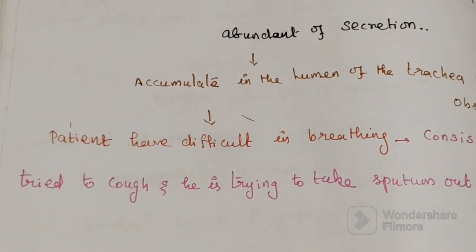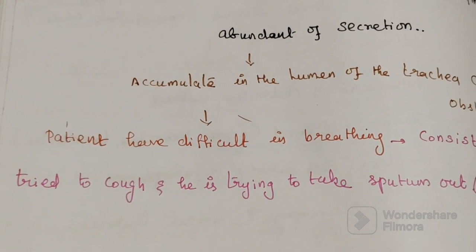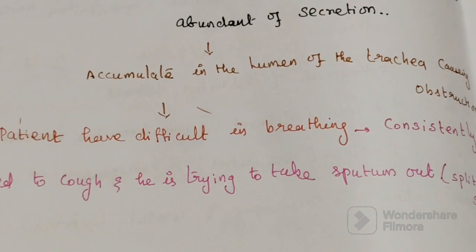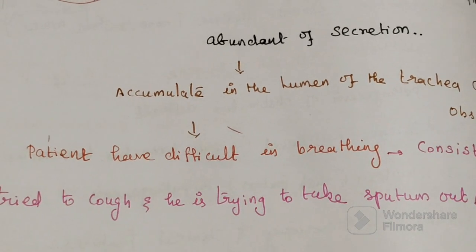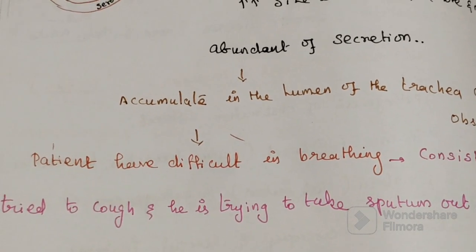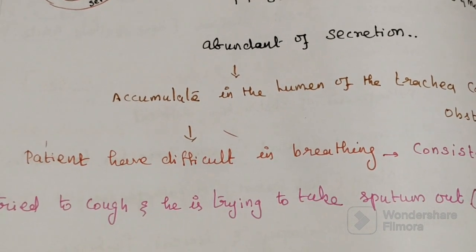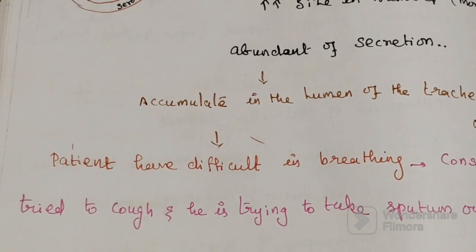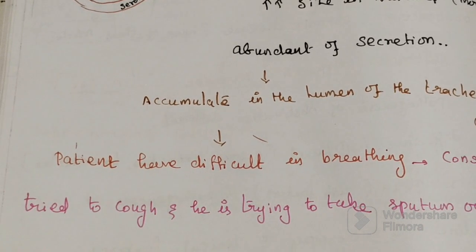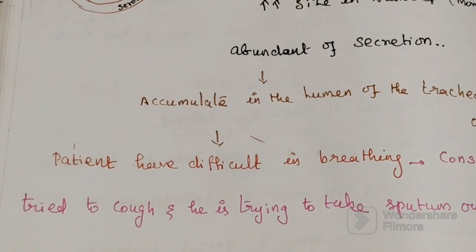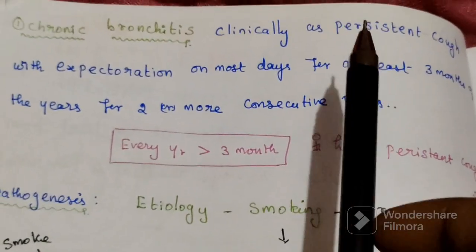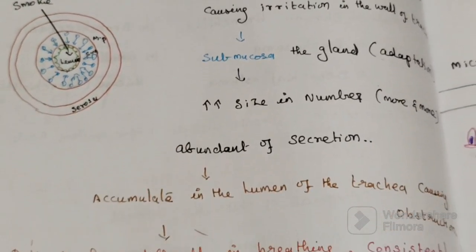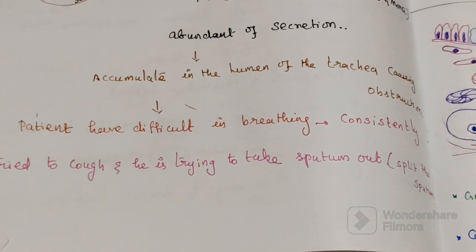The sputum is the secretion of the gland, and he tries to spit that sputum out so that the trachea is cleared and he can breathe. That is the reason the cough with sputum is persistent. So this is the pathogenesis.